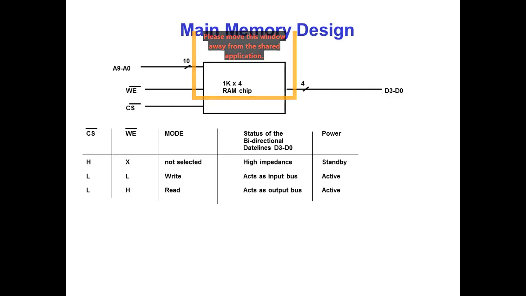Here you can see only the block diagram, how we are going to configure this. Here we can divide, this is the 1K into 4 RAM chip. So this is the 4K random access memory chip, and how we are going to encode and decode, and how will we get the output from the main memory.